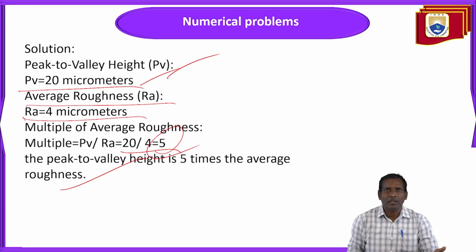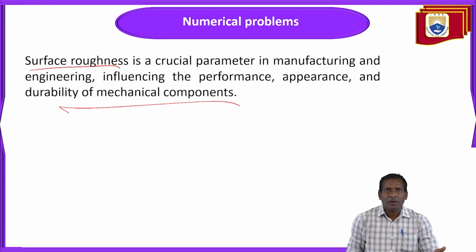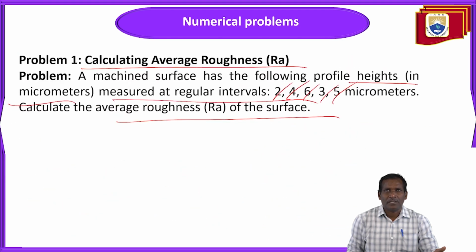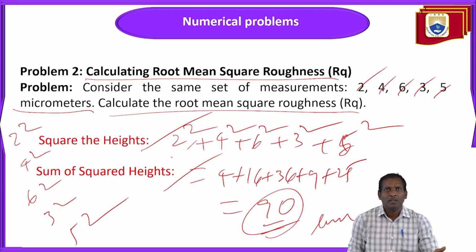So in this topic you have seen calculating the average roughness value, which is very simple: take the sum and then take the average of the calculated sum. And calculate root mean square.